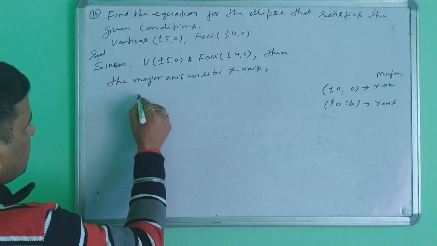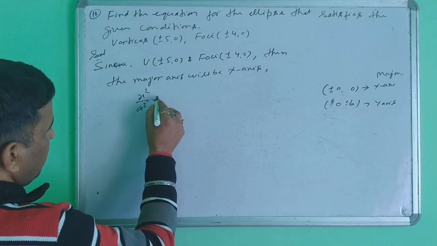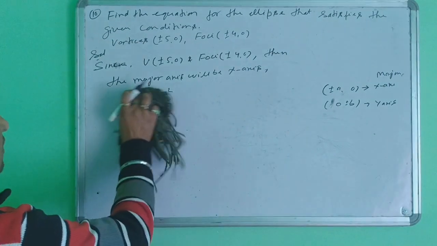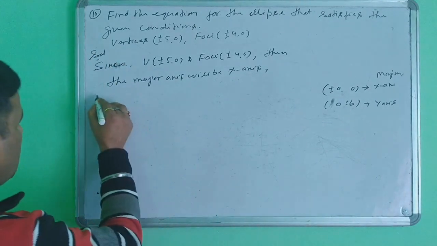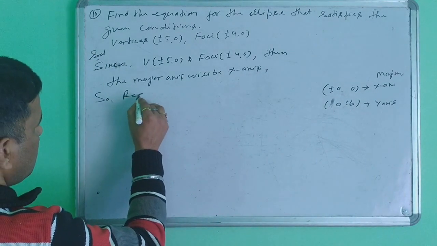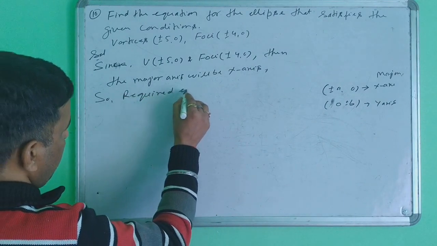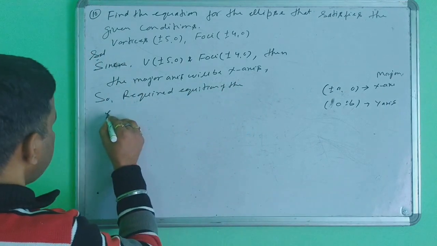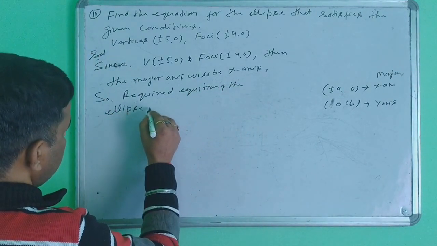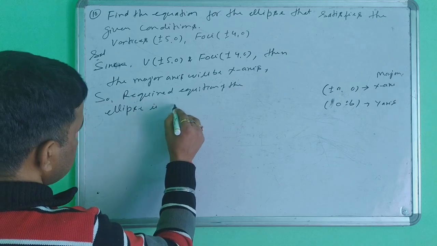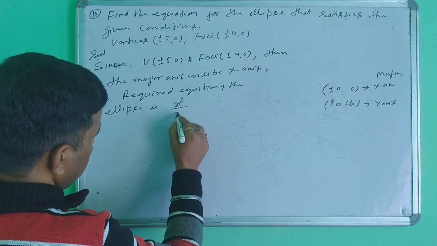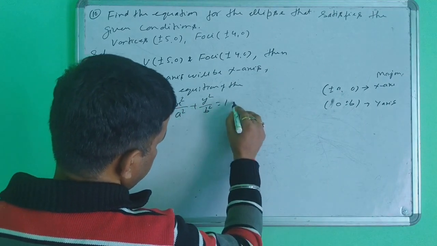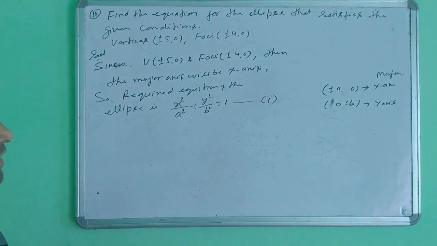So the required equation of the ellipse is x square upon a square plus y square upon b square equal to 1. So this is your required equation.